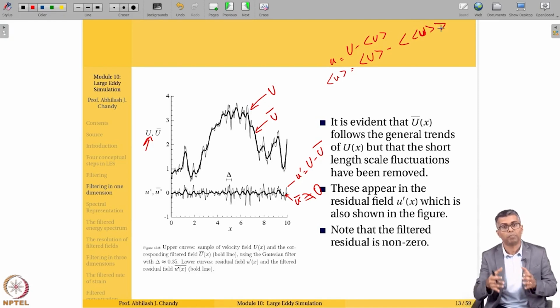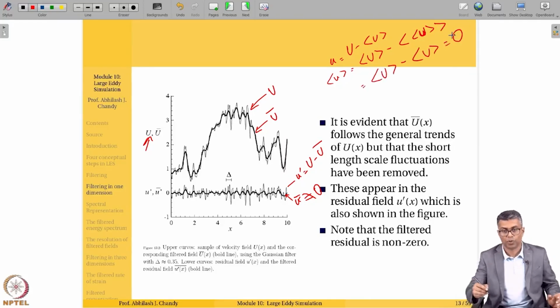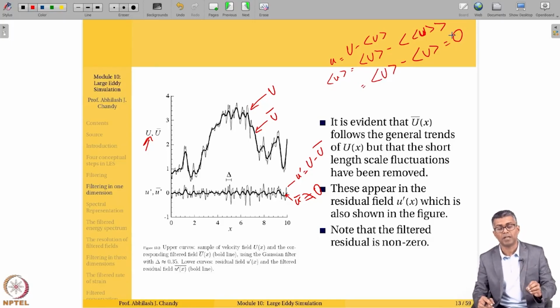And mean of U mean, because you're taking an averaging in time, becomes U mean itself, because the mean is unique. Here though, when you're doing a filtering, so just to continue, what would happen here is U mean minus U mean, which is equal to 0. So that is how you get the mean of the fluctuation, right? In Reynolds decomposition, the mean of the fluctuation being equal to 0.